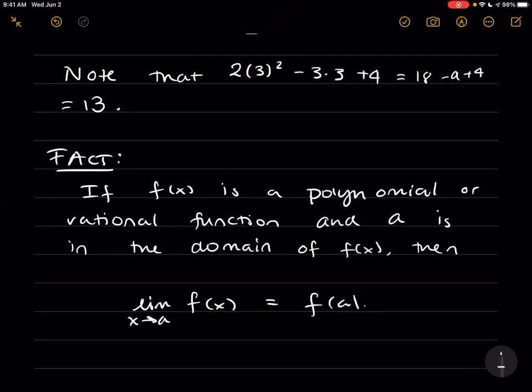What this is saying is that if you have a polynomial or a rational function and you have some point in its domain, and you want to know the limit of that function as we get close to that point, all you got to do is plug that point in.